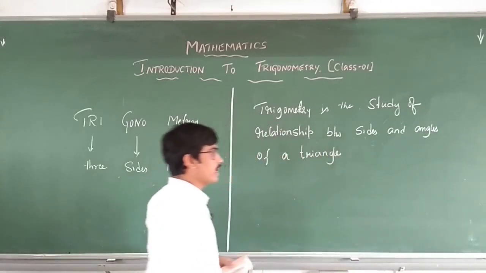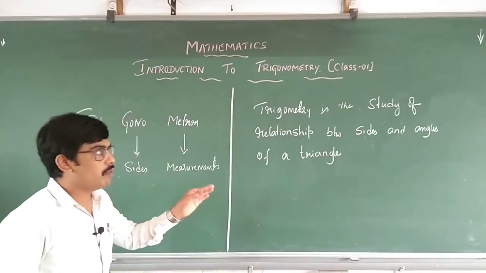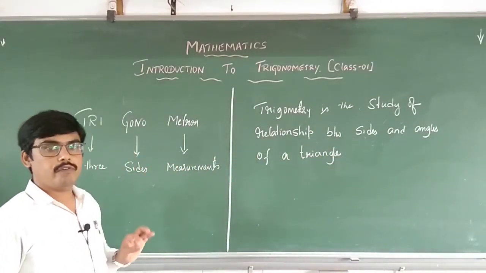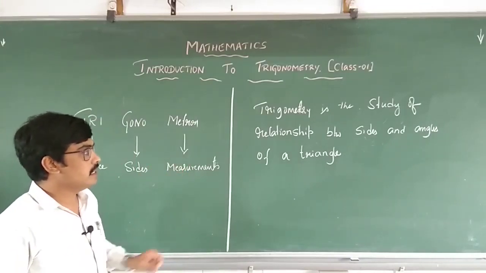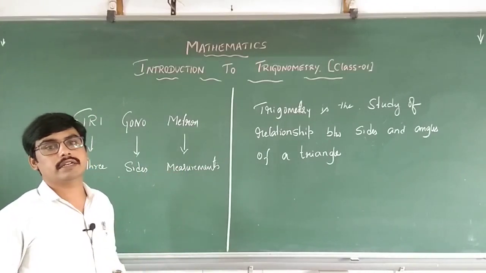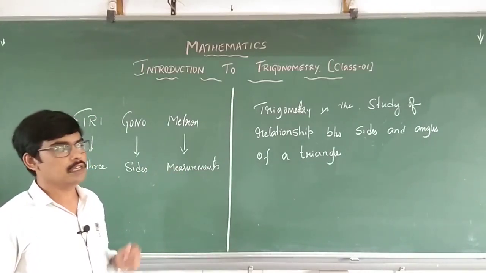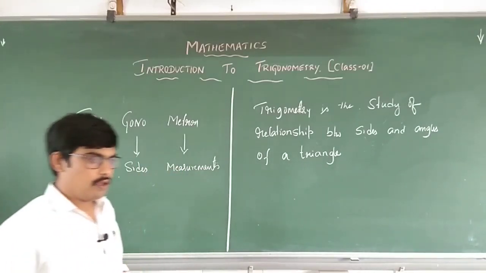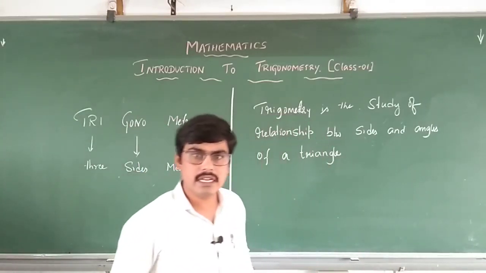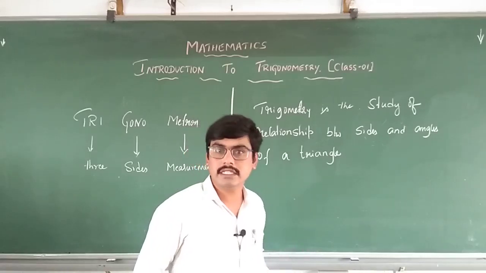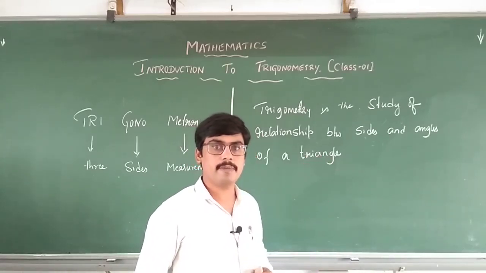So how can we define trigonometry? Trigonometry is the study of relationship between the sides and angles of a triangle. How many sides can we have in a triangle? We have 3 sides and also 3 angles.